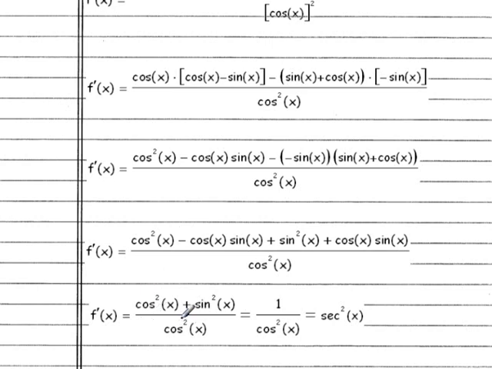Remember, from trigonometry, we normally see sine squared x plus cosine squared x is 1. And likewise, cosine squared x plus sine squared x is 1. And so we replace the numerator with 1, and of course we have the same denominator. And then we recognize that 1 over cosine x is secant x, so 1 over cosine squared x, of course, is secant squared x, and we're finally to our result.